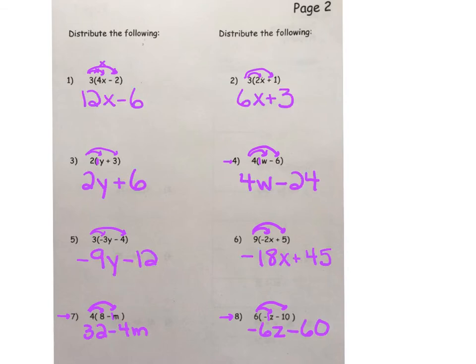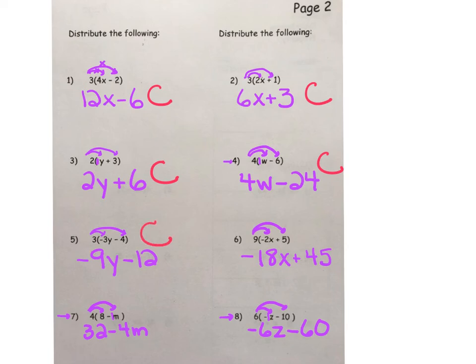Let's check your work. For number 1, 12x minus 6. For number 2, give yourself a C if you have 6x plus 3. For number 3, 2y plus 6. For number 4, 4w minus 24. For number 5, negative 9y minus 12.